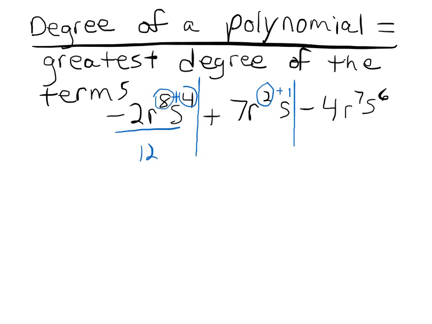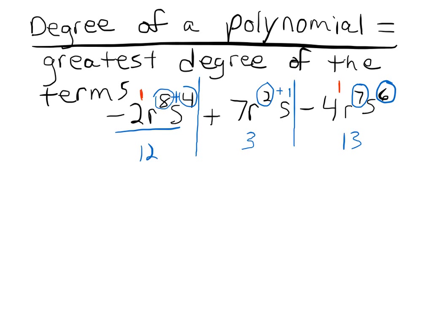So 2 plus 1 is 3. Okay, and then for this monomial, you have a 7 and a 6. Remember, am I counting these hidden 1s on the numbers at all? No, they're there, but to find the degree of each monomial, we don't care about those hidden 1s. Okay, so the degree of this monomial would be 13.